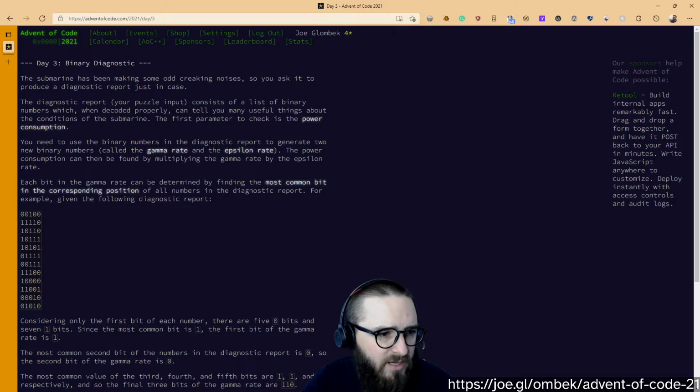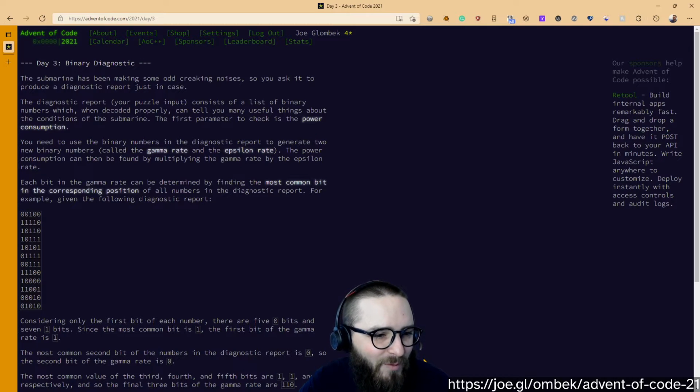The first parameter to check is the power consumption. You need to use the binary numbers in the diagnostic report to generate 2 new binary numbers called the gamma rate and the epsilon rate. The power consumption can then be found by multiplying the gamma rate by the epsilon rate. Each bit in the gamma rate can be determined by finding the most common bit in the corresponding position of all numbers in the diagnostic report.